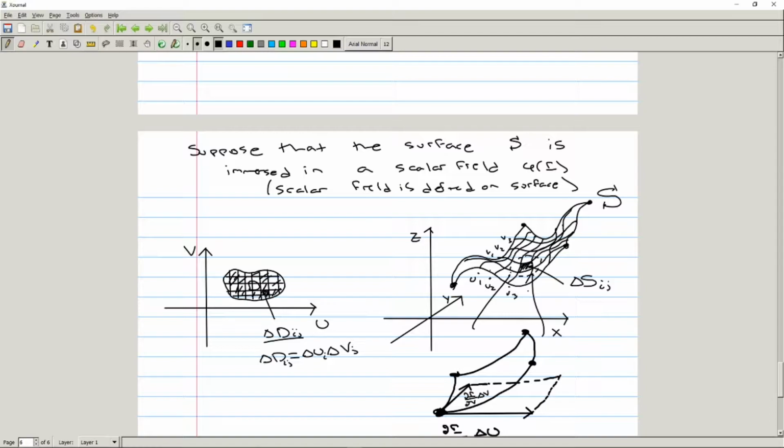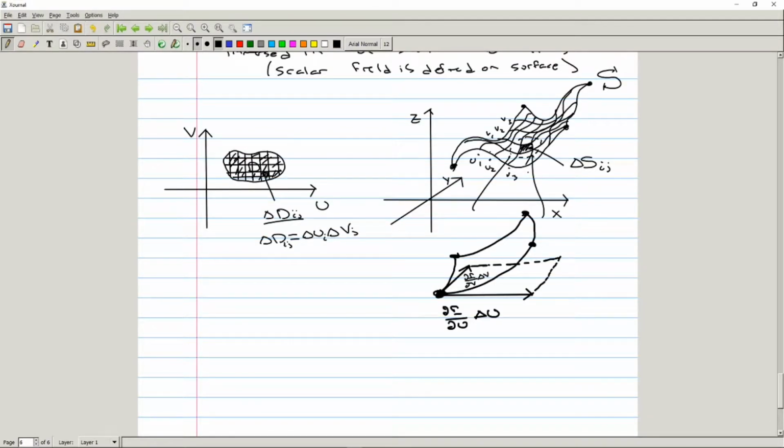So this could be like a temperature field, or it could be a mass density field. So for example, phi of r could be the mass density or the charge density.